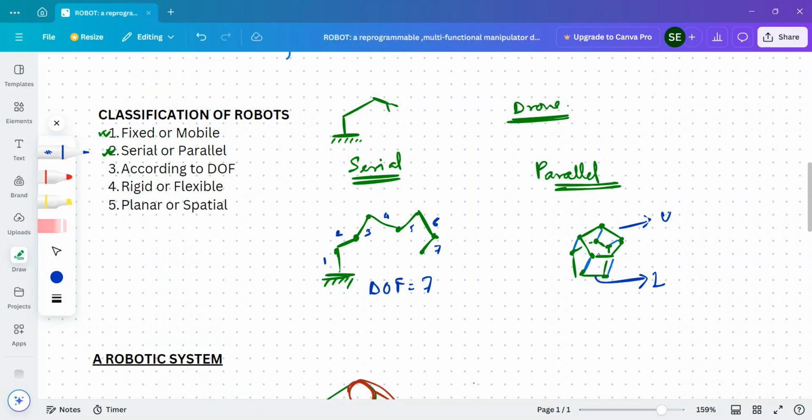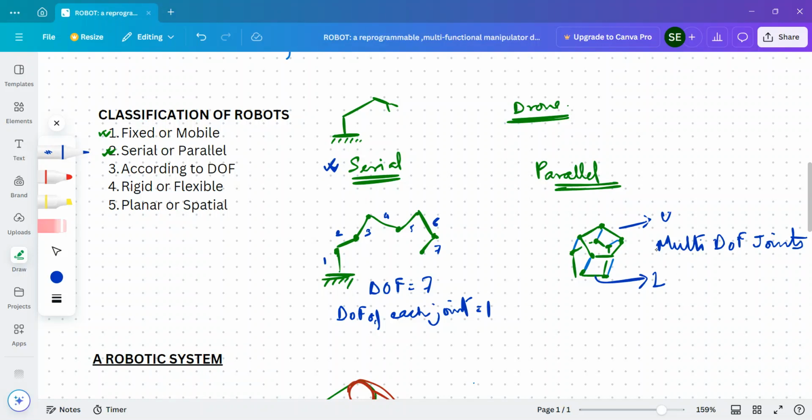Okay. And a parallel robot has multi degrees of freedom joints. In the case of a serial manipulator, the degrees of freedom of each joint is equal to 1.